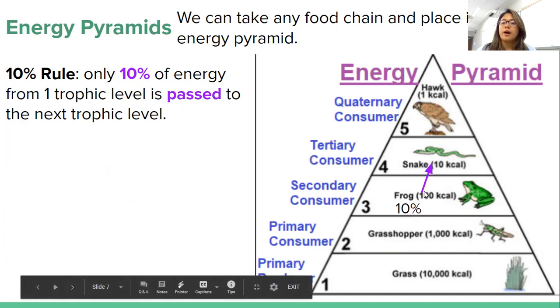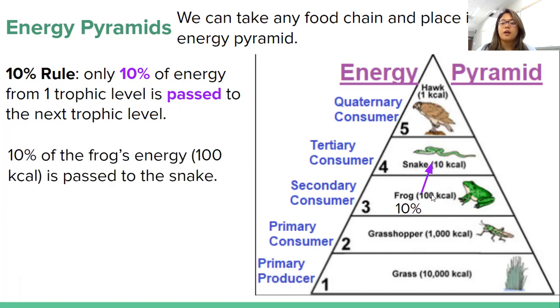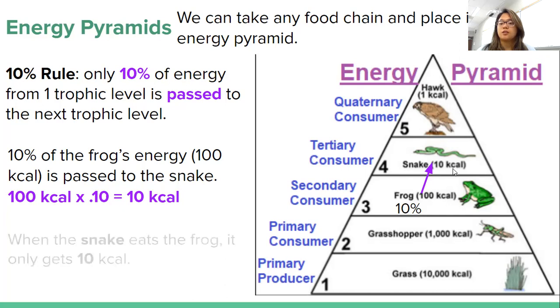Well, what about the frog passing energy to the snake? Same thing. Only 10% of the frog's energy can be passed on. So 100 kilocalories times 10% will be only 10 kilocalories. So the snake can only get 10 kilocalories by eating that frog. And then the last one, same thing.